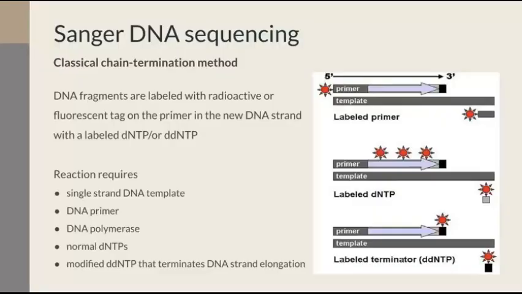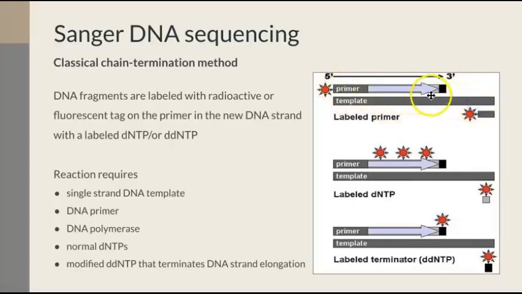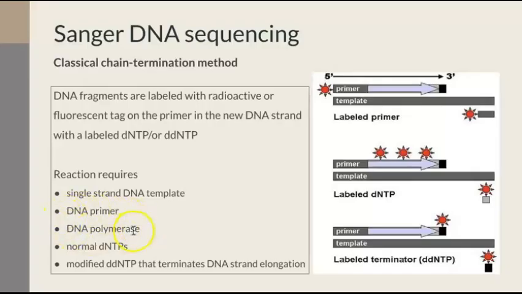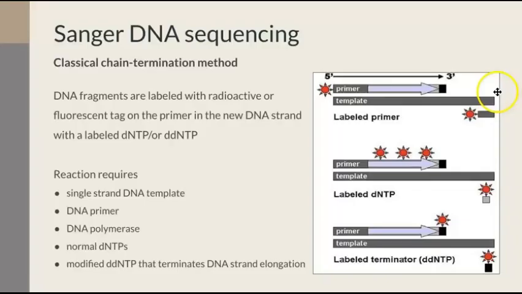So how does Sanger sequencing work? Sanger sequencing is also known as the classical chain termination method. Using this method, what you have in any reaction is a single strand DNA template, the DNA primer, and the DNA polymerase, which is the enzyme that allows us to elongate from our primer on.